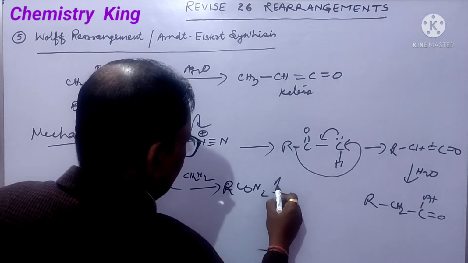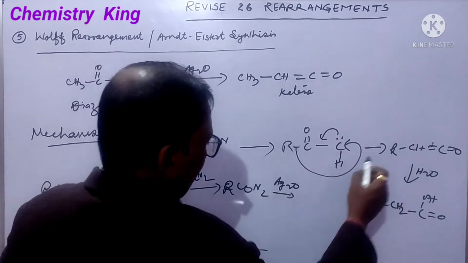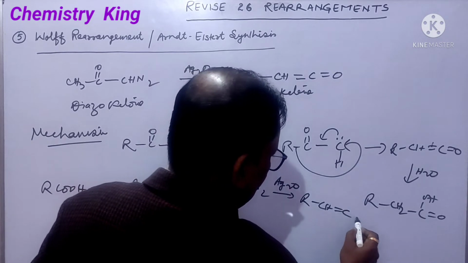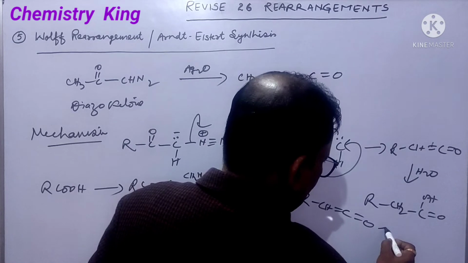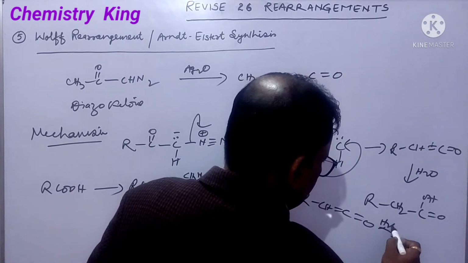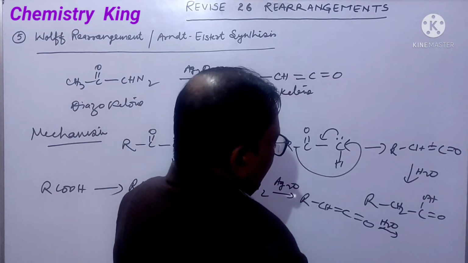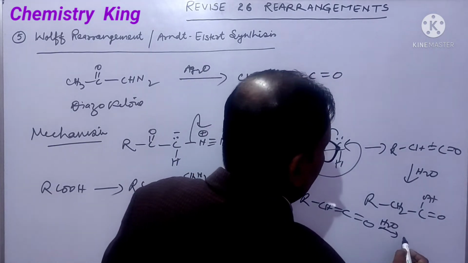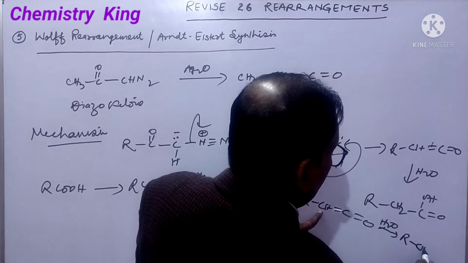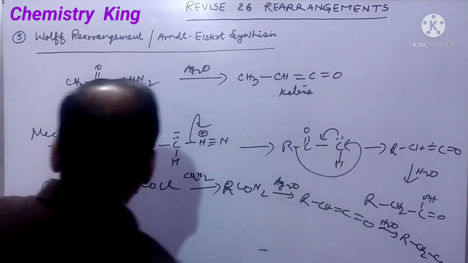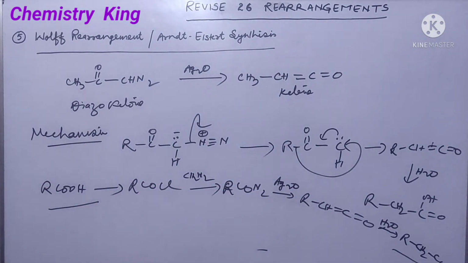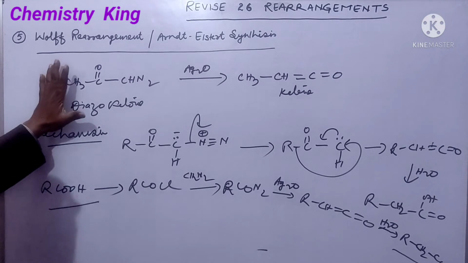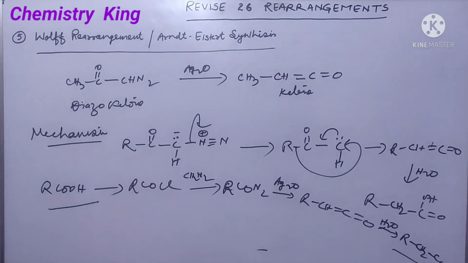When it is heated with solid silver oxide, you will get ketene, RCH double bond C double bond O. When it is treated with water, that is, if the reaction is carried out in water solvent, you will get RCH2 C double bond O OH. So, conversion of carboxylic acid into its higher homologue is known as Arndt-Eistert synthesis. This is all about Wolff rearrangement and Arndt-Eistert synthesis.